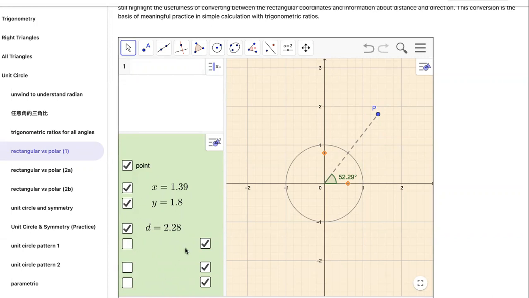So for example, if you look at this, then theoretically, they should be able to tell you how to get sine theta and cosine theta in this case. So that is one way that you can practice it. But my point is still about introducing the basic definition of sine and cosine, and also the purpose of doing it in this environment.